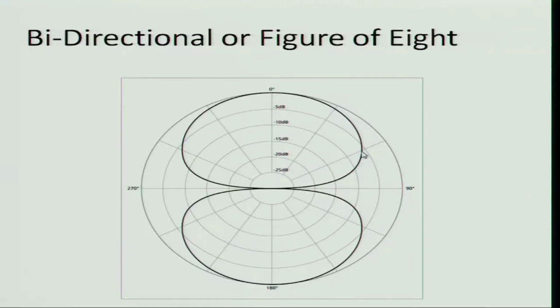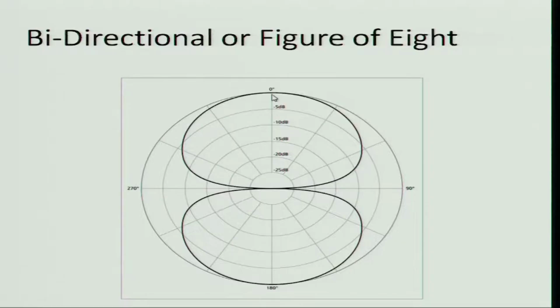Now if I have a sound which is coming from the 60 degree direction, so it's coming like this, and let's say the actual strength of the sound is 100 decibels, then the microphone will measure, see this line is 5, this line is 10, so maybe it will measure 6 decibels less. So it will measure 94 decibels instead of 100 decibels.